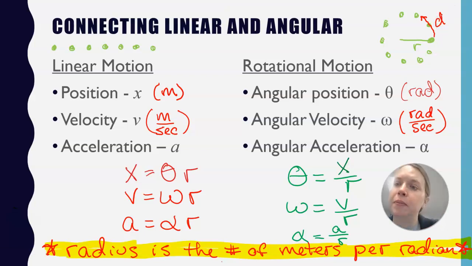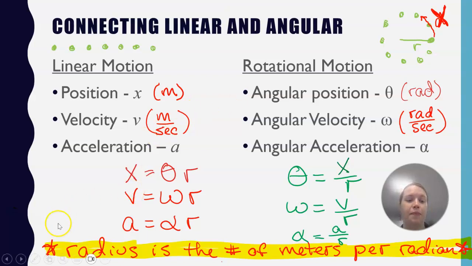And the position along the circular path would be x, and we can convert from linear position to angular position by just multiplying the angular position by the number of meters in 1 radian, which is the radius.